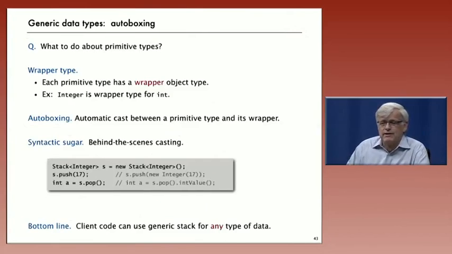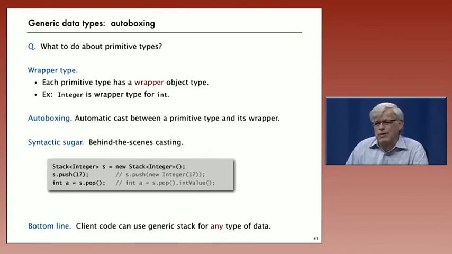Okay, there's one other detail that Java takes care of, and that's what about primitive types. The generic type that we're using is for objects, and we're casting down from an array of objects. In order to handle generic types, we have to use Java's wrapper object types.